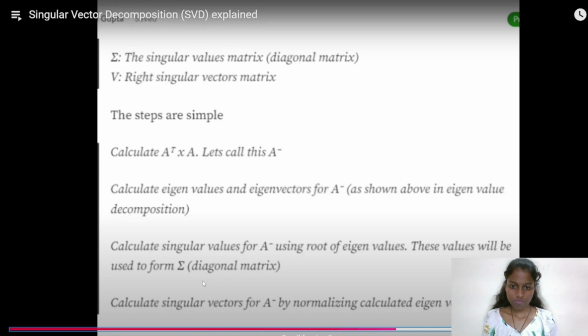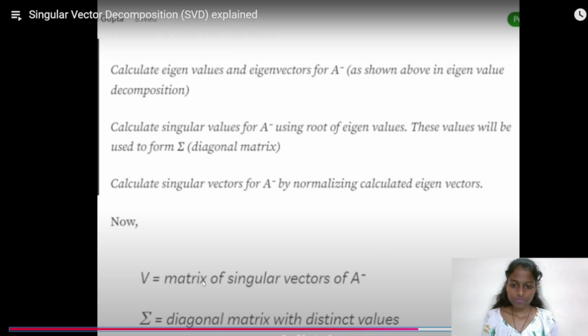Calculating the singular values gives us sigma, and normalizing the eigenvectors gives us V. So V equals the matrix of singular vectors of A dash, and sigma is the diagonal matrix of singular values of A dash.